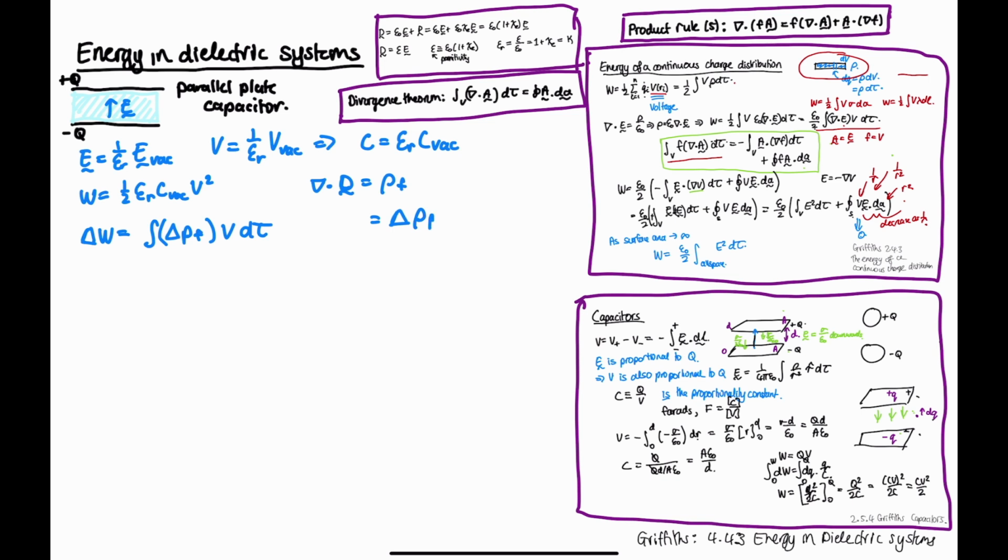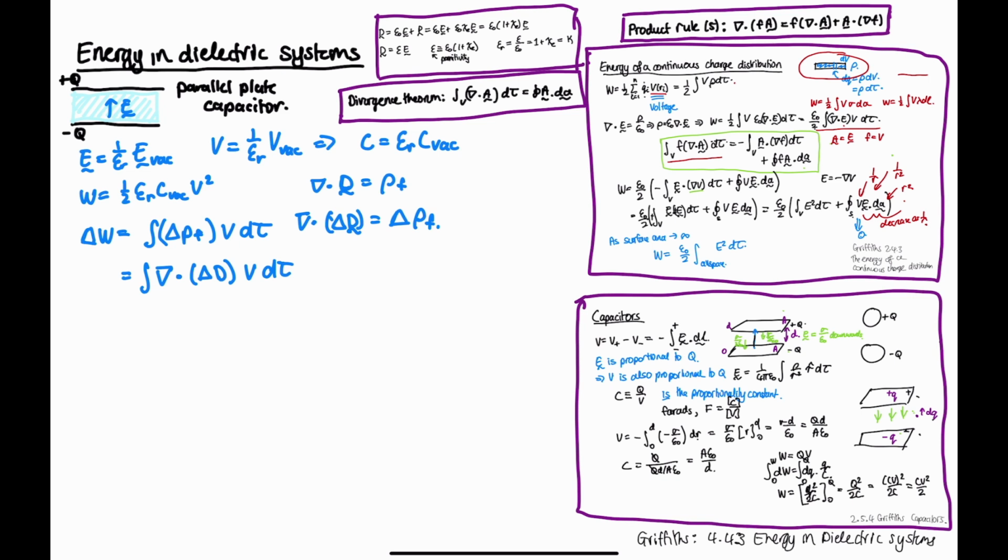So delta rho F is going to just be a little increment of the displacement, so delta D. So we can replace the little increment of free charge here with this expression.